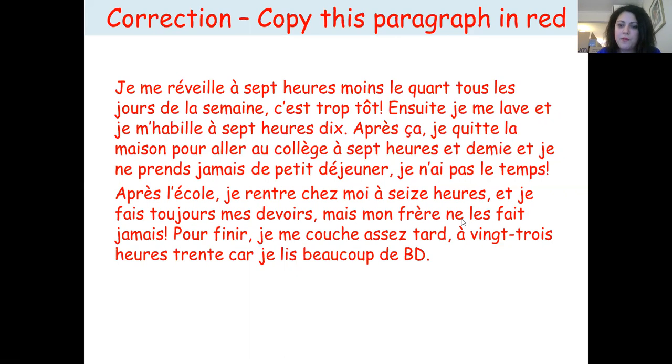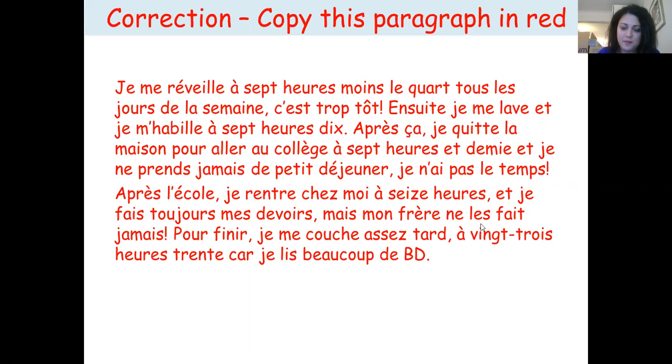And then here we've got mon frère ne les fait jamais, which is a negative, and that includes a little word in there before faire. Ne les fait jamais. Have a think, what is this? So this is a direct object pronoun, les, and refers to mes devoirs. So it replaces mes devoirs, my homework. And it's les, not la or le, because mes devoirs is plural, and it goes before the verb.